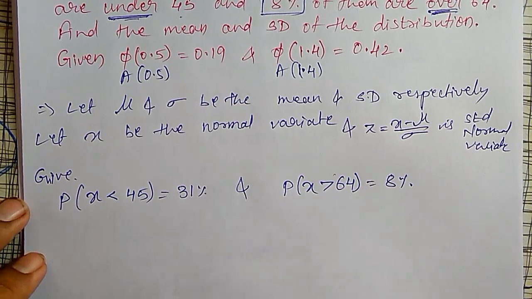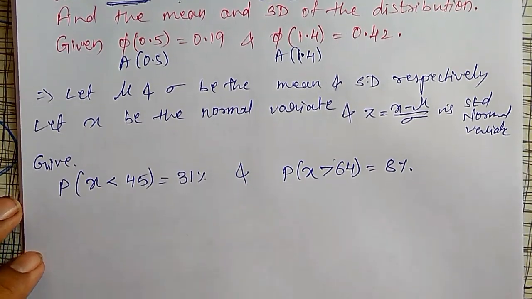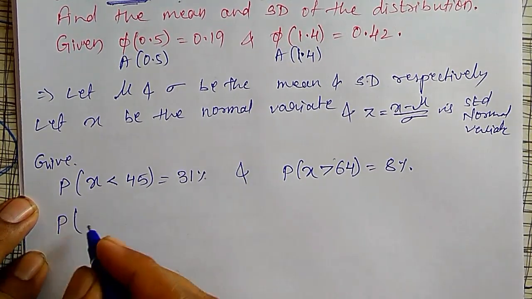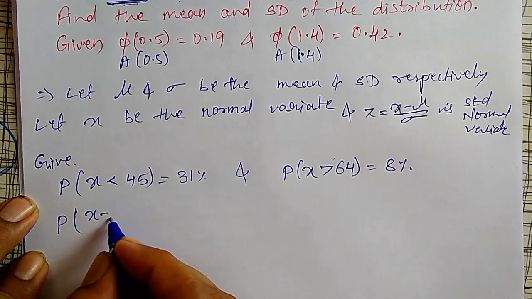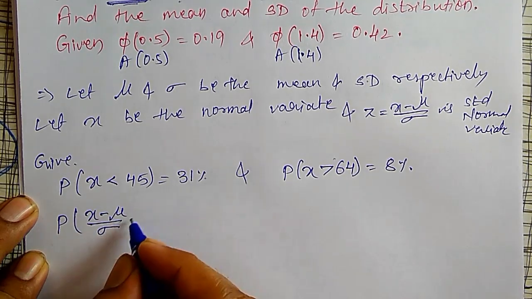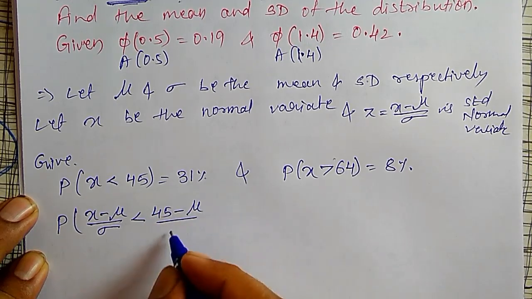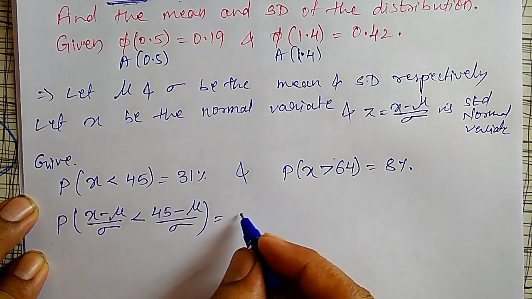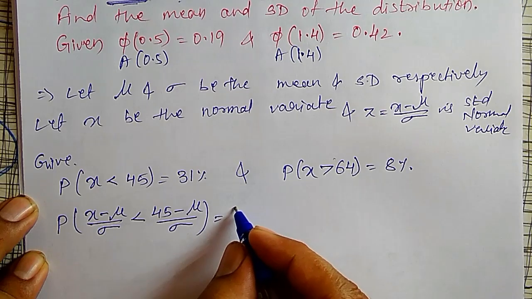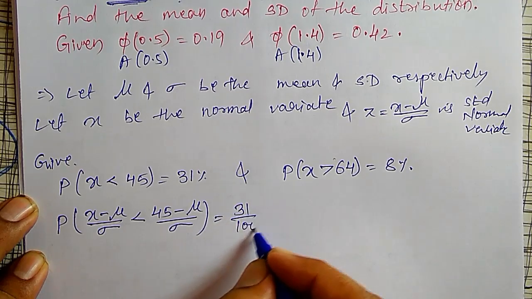Let me convert this into standard normal form first. That is, the probability of (x minus mu) divided by sigma less than (45 minus mu) divided by sigma equals 31%, that is 31 divided by 100.